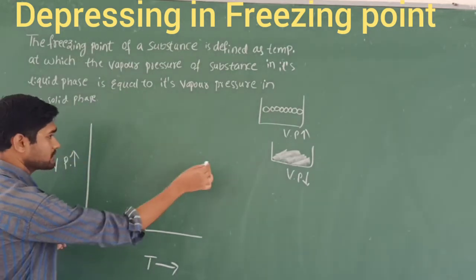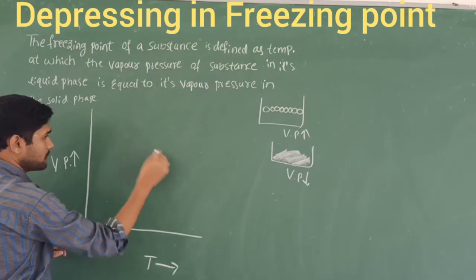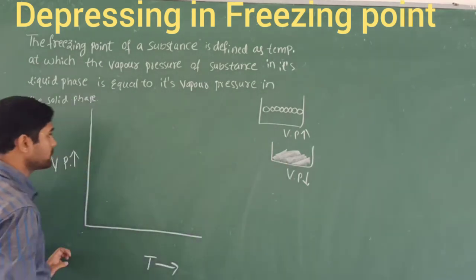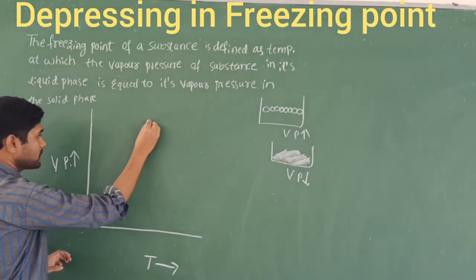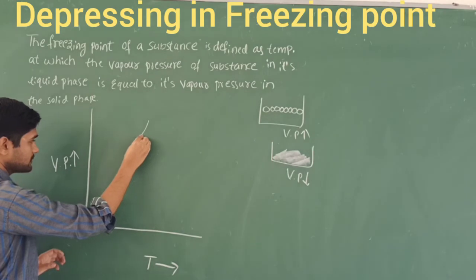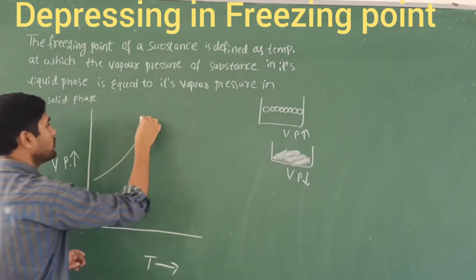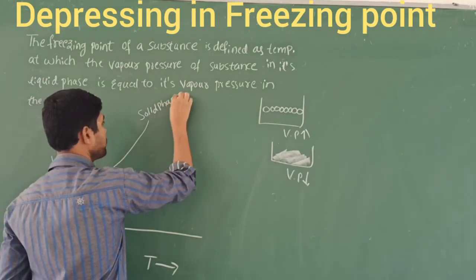So when I decrease the temperature of this liquid state, we obtain ice cubes in the solid form. When the temperature goes on decreasing, the vapor pressure also decreases. This is called the solid phase.